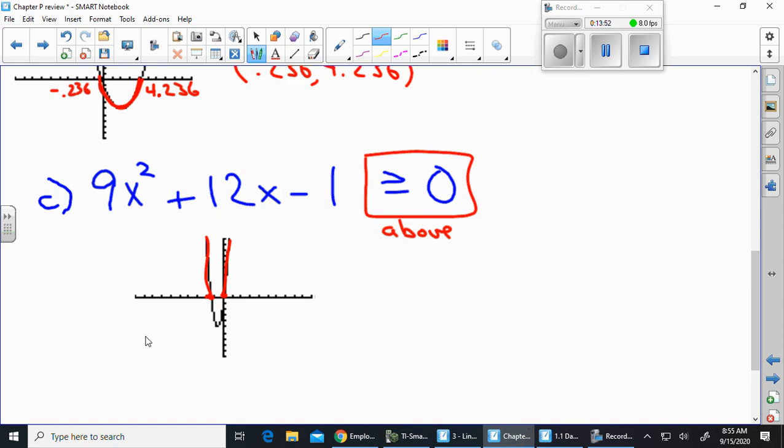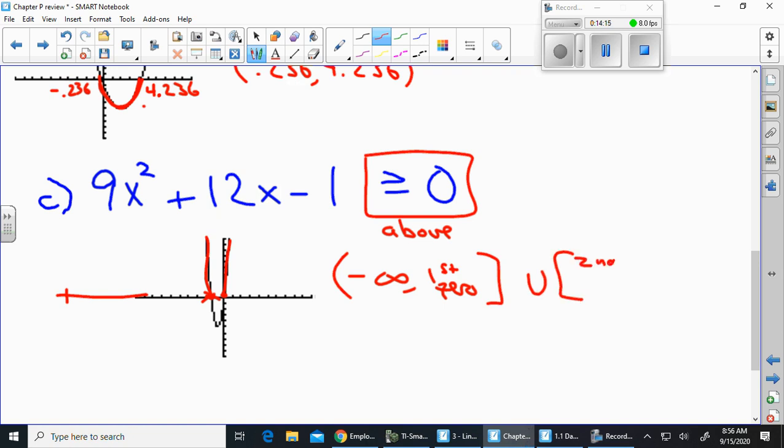Always when you're doing it, think at negative infinity, is it above? Yeah, way over here with the x, it would be up there somewhere. So negative infinity until I got to that first 0. I would put a bracket because it's got the equal sign. Union, the second 0, whatever that 0 is, to infinity.